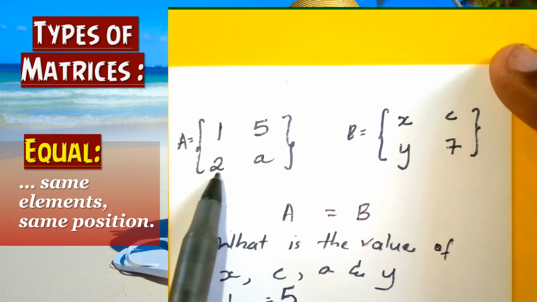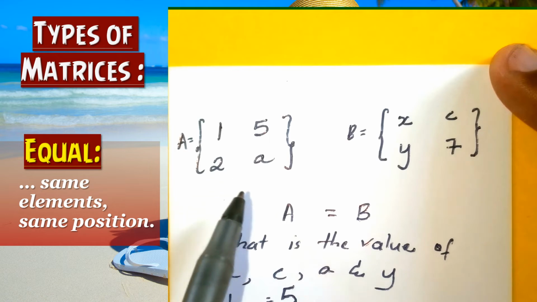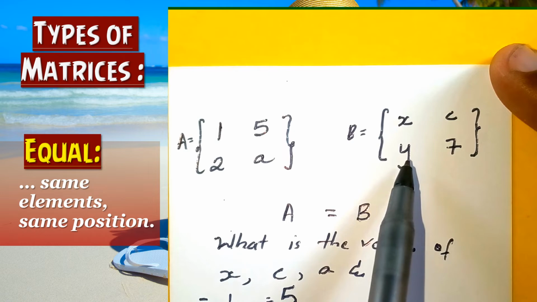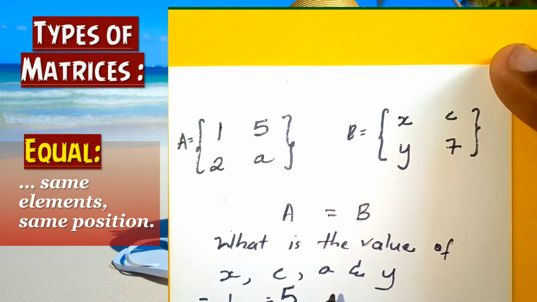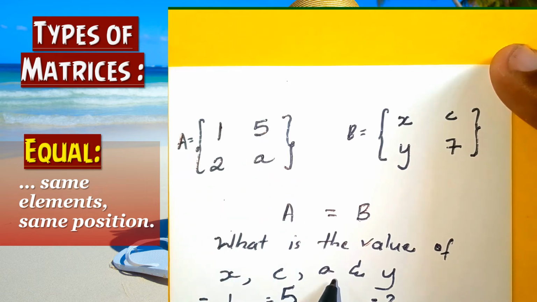Row 2, column 1 in matrix A is 2. Therefore, row 2, column 1 element should be 2 as well in B. So the value for Y should be 2 because these matrices are equal matrices. So we need to find the value of A now.